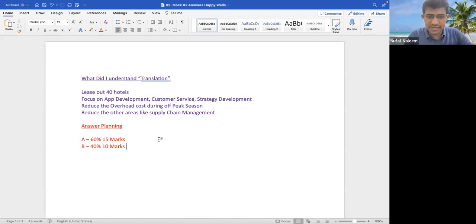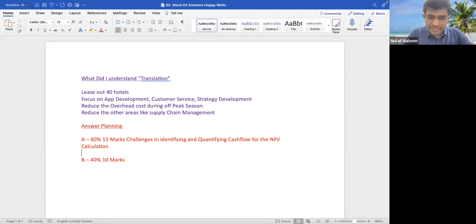So I'll write down here, challenges in identifying and quantifying cash flows for the NPV calculation. That is one thing.